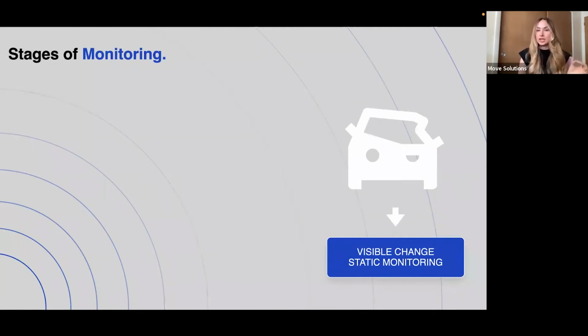It's a visible change that you can see. I mean, you can't always see a static change if we're talking about a few degrees difference in a structure, but this would be pointing a total station at the vehicle, and it says, hey, there's been a change in the structure. So in this example, the car has a dent and you see the change.